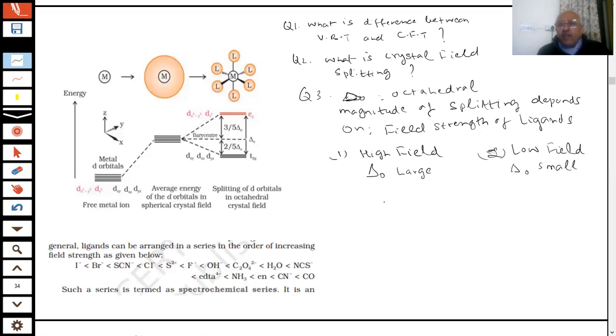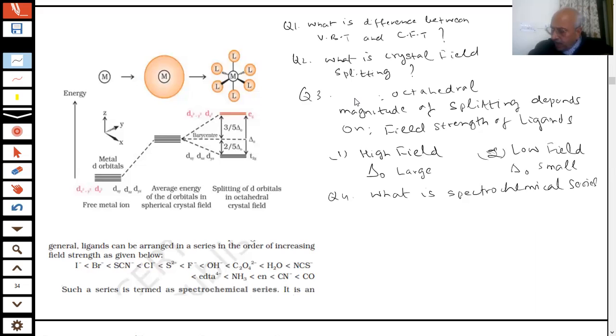Now question number 4 on the screen. What is the spectrochemical series, students? All the questions I have taken from previous papers. Spectrochemical series is a list of ligands which are arranged on the basis of increasing field strength.